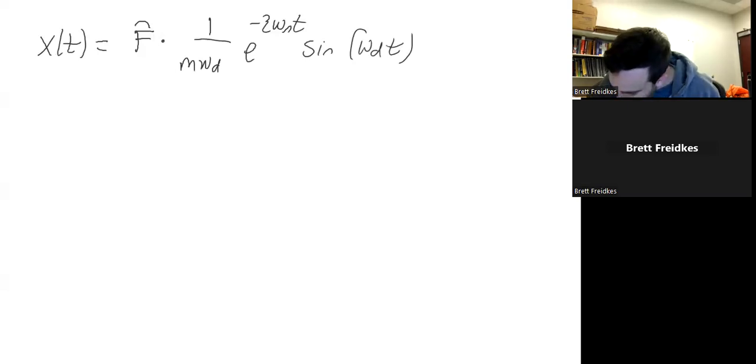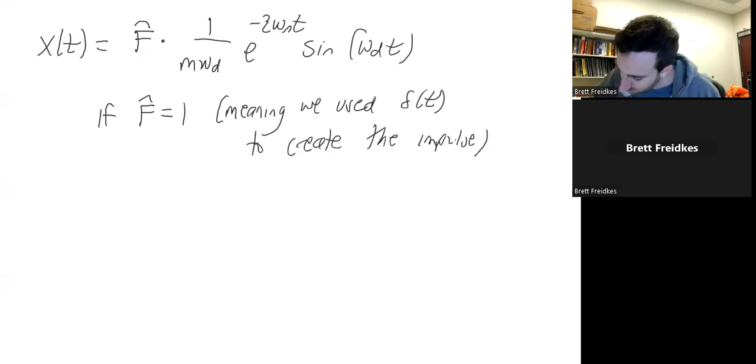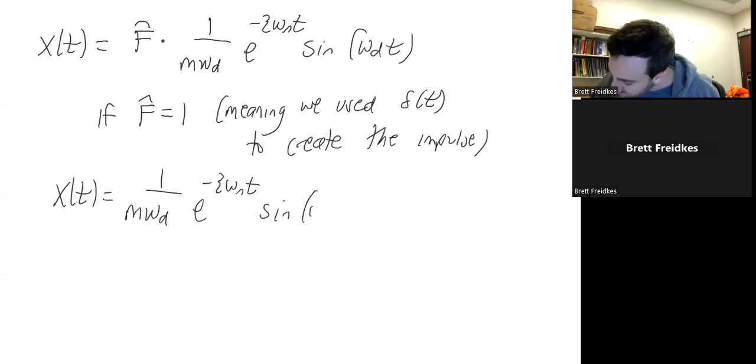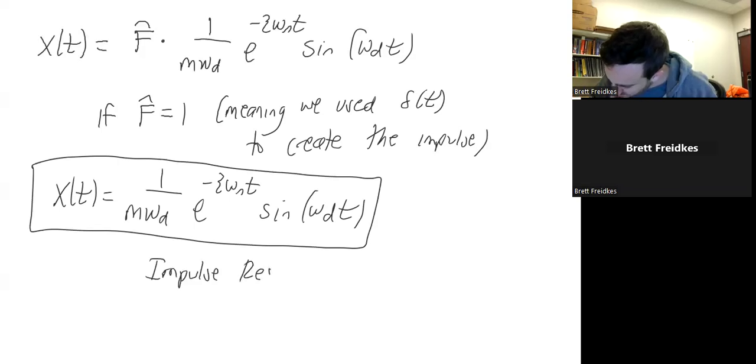And what we see is if f hat is equal to 1, meaning we used Dirac-Delta to create the impulse, that means x of t would end up being just that other term, the leftover stuff. And this is what we call the impulse response function.